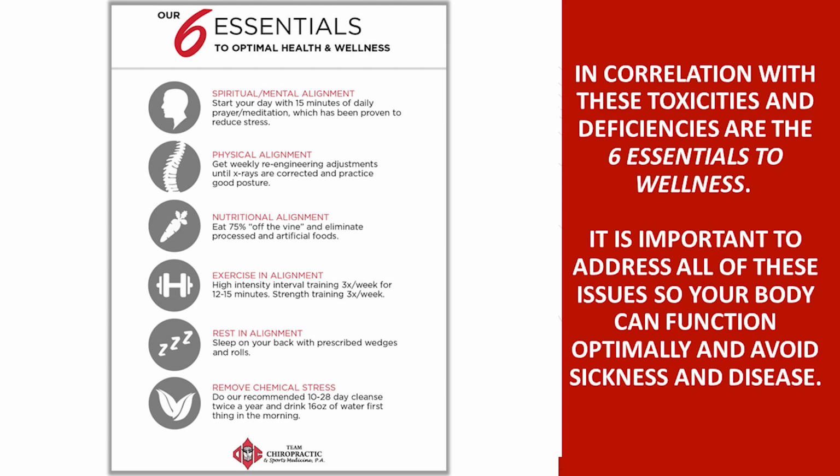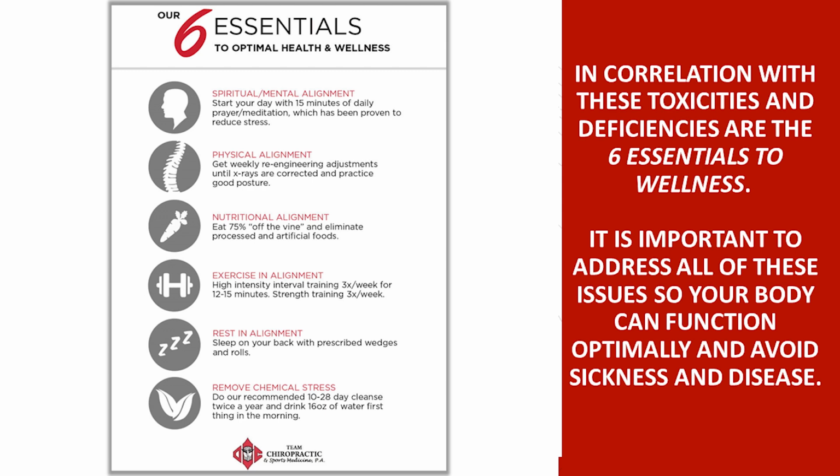We're practicing good posture. We're doing our home care. We're getting our nutritional alignment, eating 75% off the vine. We're trying to limit processed stuff and artificial foods. We're exercising in alignment, at least 3 days of high intensity interval training, 3 days of strength training. We're resting in alignment. You should get enough sleep every night so you're waking up without an alarm clock, hopefully on your wedges, on your rolls in a good position.